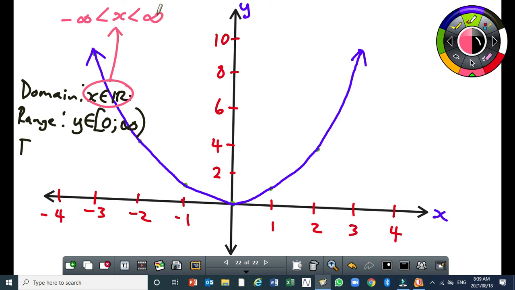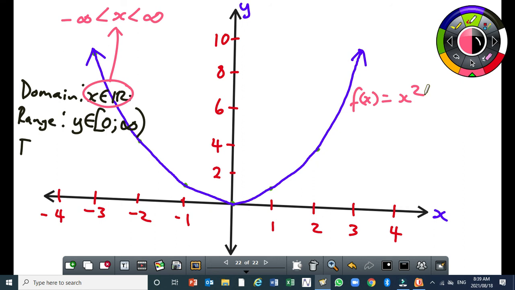Yes, do you have to label it? Yes, we have to label it out. That's something that you have to do always whenever you sketch. Okay? So for the range, we don't have to write y is an element of real numbers, because we are saying y takes all the values, which is not true for this graph.